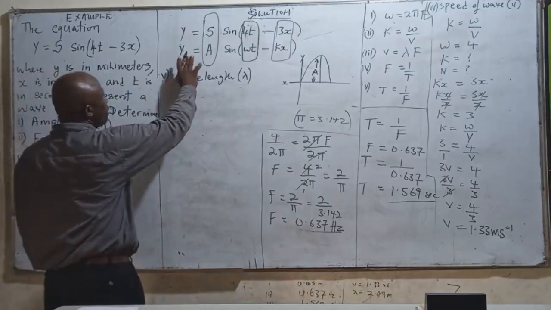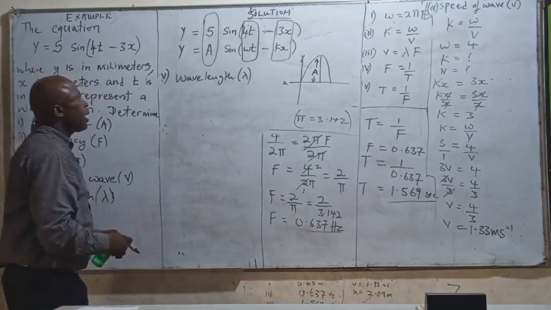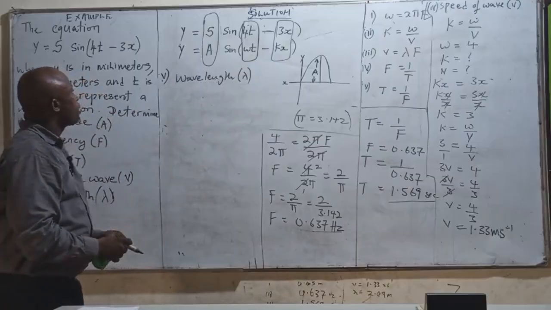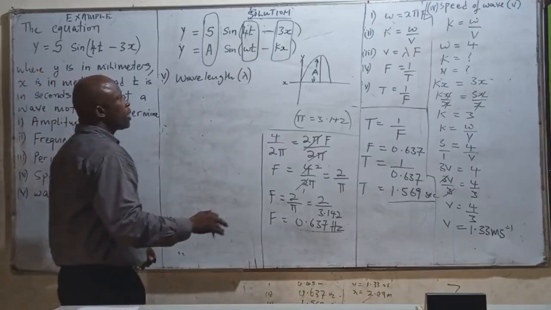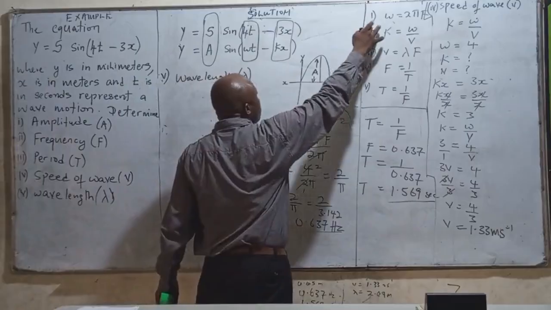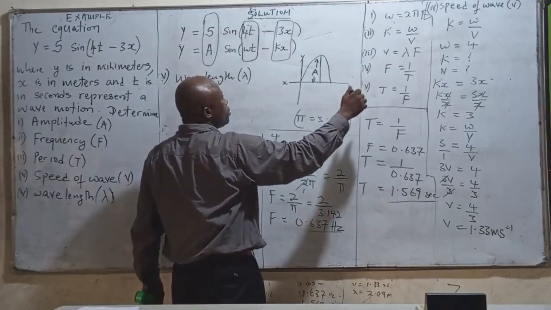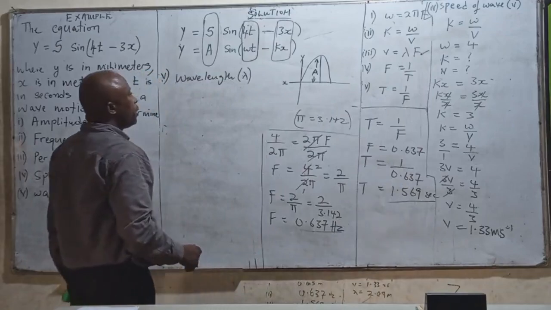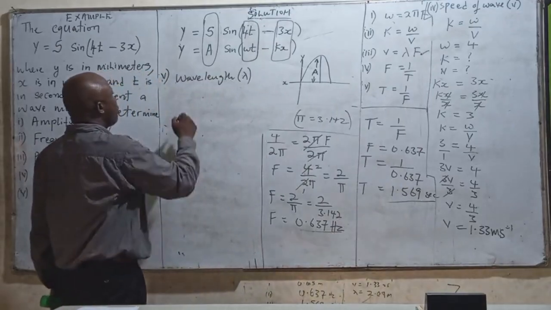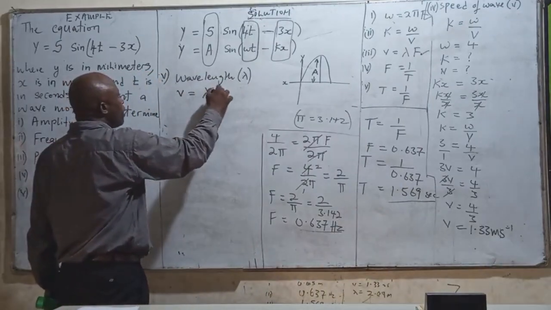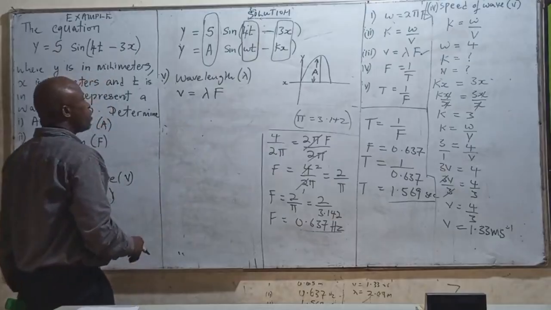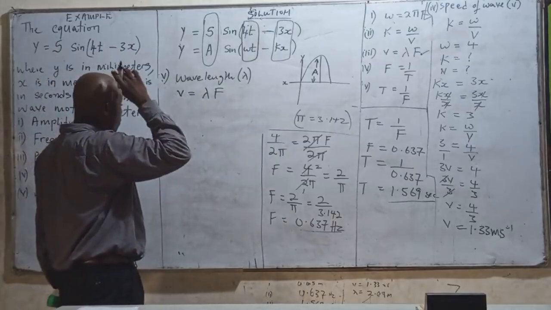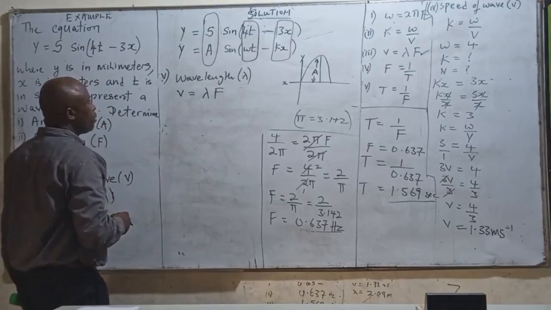Now, in the equation, lambda is not directly represented. So we go to our simple formulas, we listed five of them, and use the one that is directly related to lambda. There we have v is equal to lambda f, where f is frequency, lambda is wavelength, and v is wave velocity.